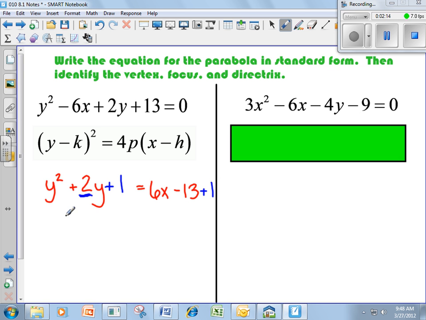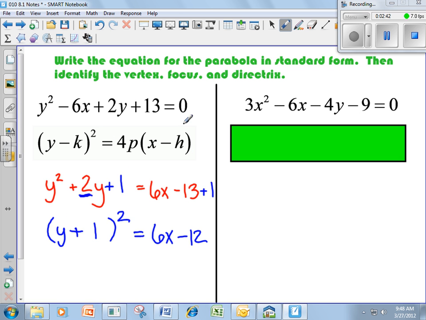What happens now is this left side is a factored form. It's a perfect square here, so we have a y plus 1 quantity squared, and this would create y squared plus 2y plus 1. On the right, we have a 6x minus 12.